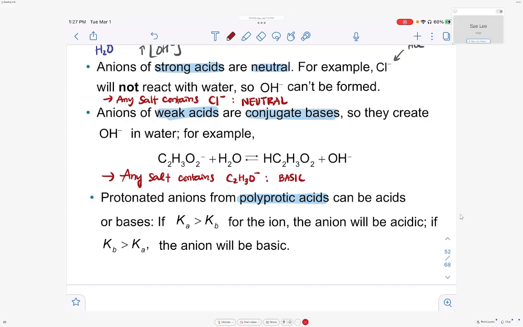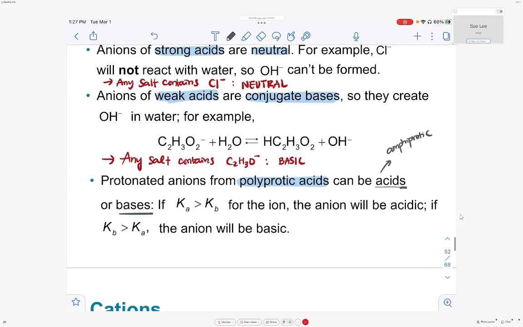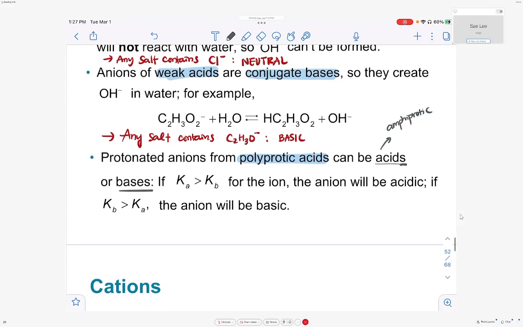That means if it can act as both acid and base, that means it's amphiprotic. It can be either acid or base, depending on the environment. Do you guys remember what a polyprotic acid is? Polyprotic acids are acids with more than one proton.